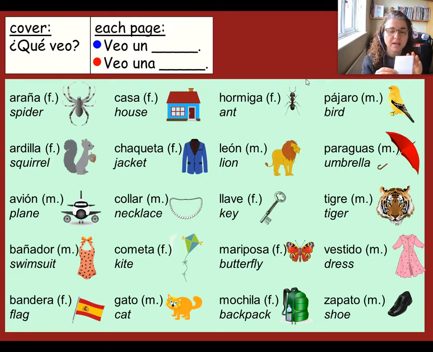And then on each of the pages, I want you to choose something from the bilingual glossary that's down here and say that you can see it for your page. Remember, if it's a masculine thing that you can see, you will write, like it says just here, veo un and then the name of the thing. If it's a feminine thing that you've chosen, you will write veo una and then the name of the thing.